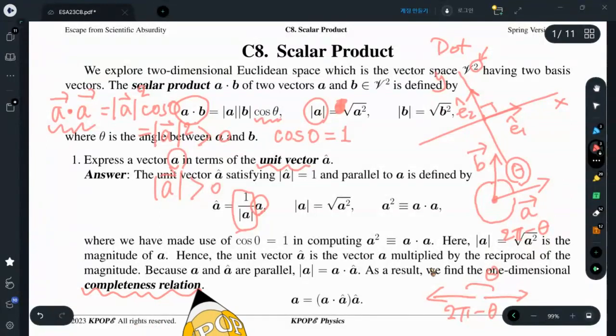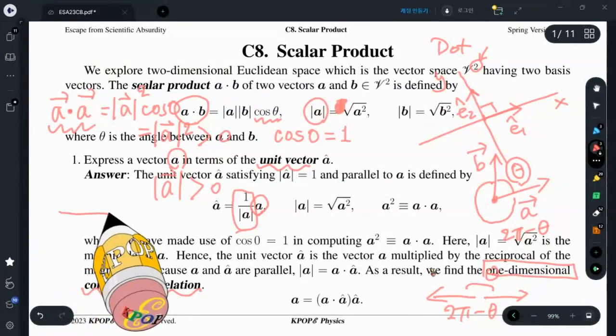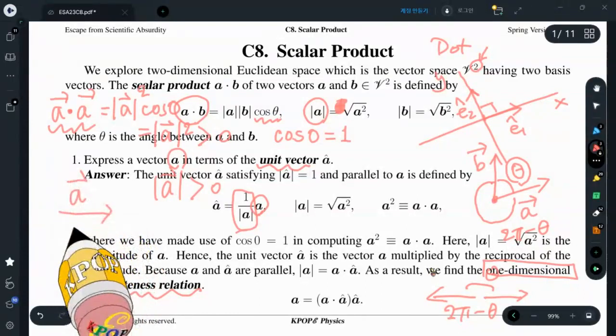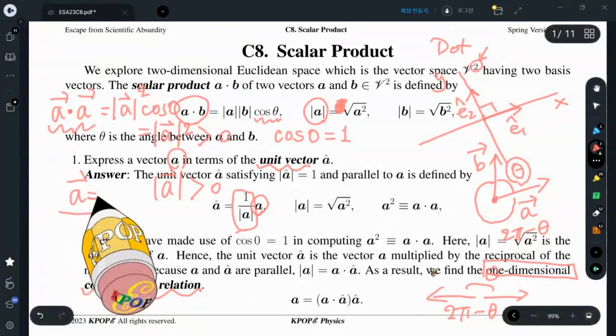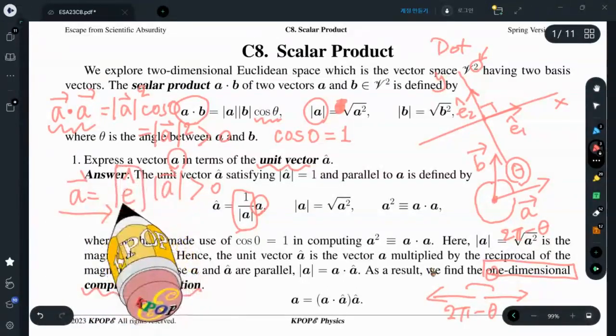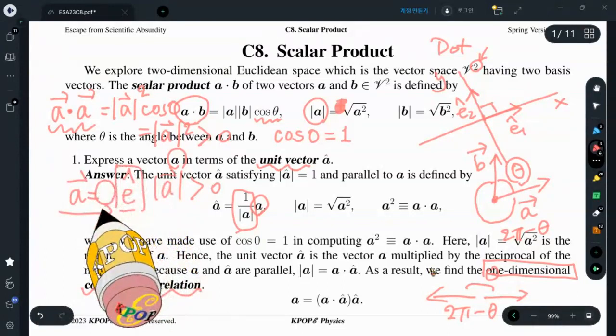We have a completeness relation in one dimension. If I have a vector, this vector can always be expressed as a unit vector multiplied by something.